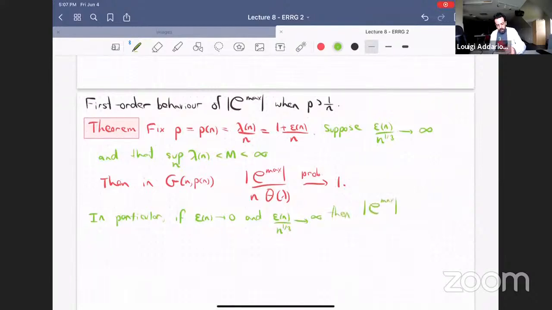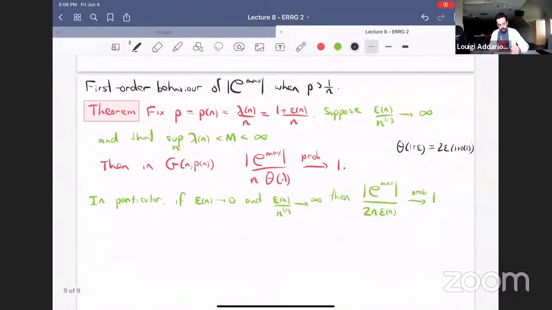So in this case, we know that this theta of 1 plus epsilon is 2 epsilon times 1 plus little o(1), right? And so then we can rewrite this statement as saying that the size of the largest component divided by 2 epsilon n converges in probability to 1. Okay. So before we get into the proof, let me make a couple of remarks.